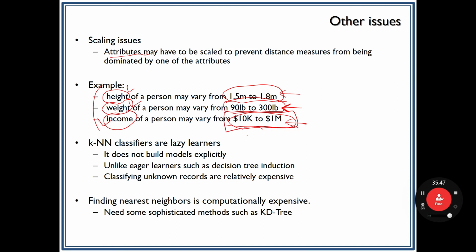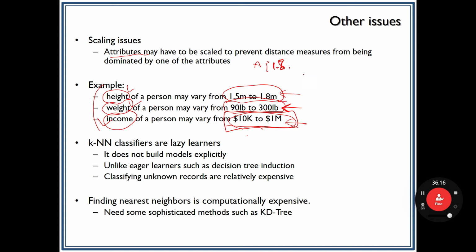For example, there are two people. Person A, his height is 1.8.